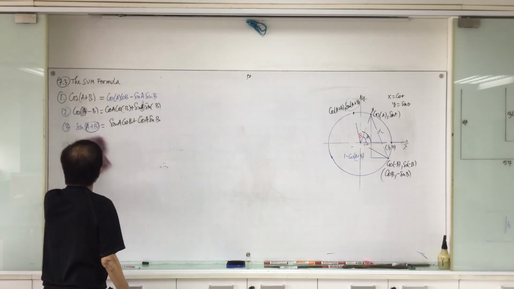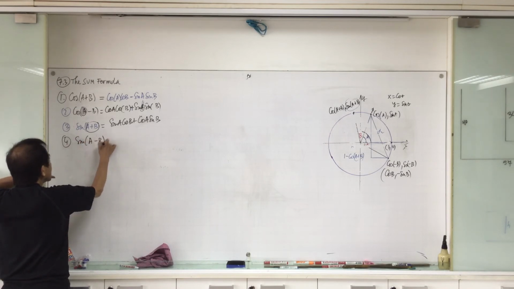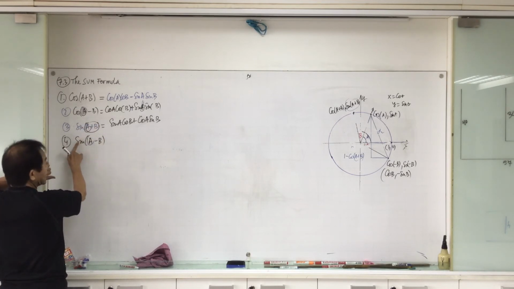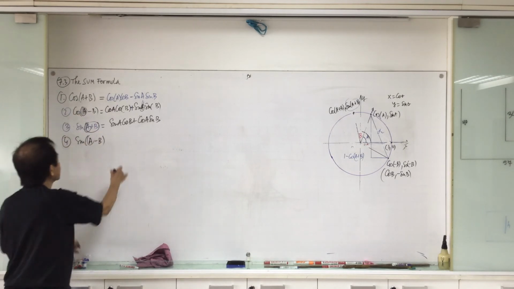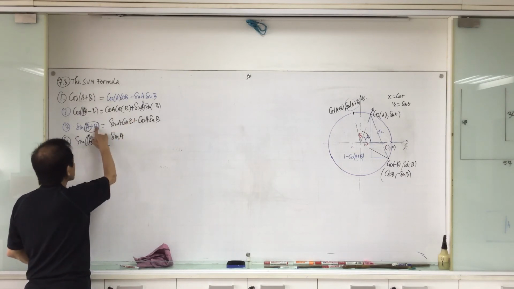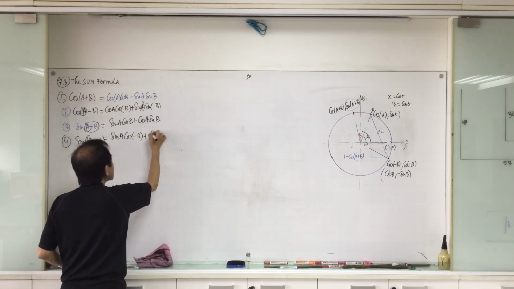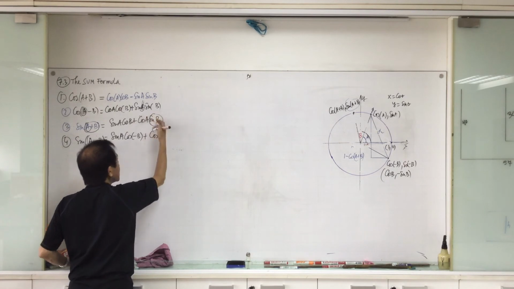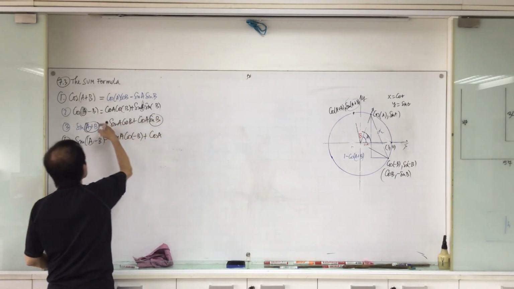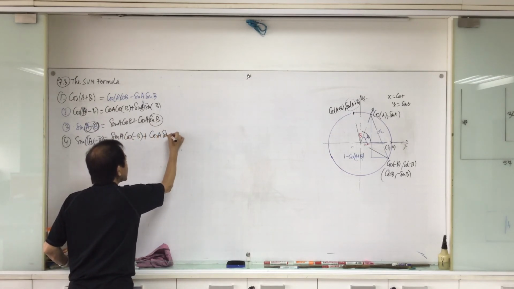Now the fourth one, we want to find sine of A minus B. Again, A is the same because now we have sine, right? We don't need cosine anymore. So A is the same, B changes from positive to negative. So sine A the same, but B changes from positive to negative, so you have cosine of minus B. Plus, A stays the same, but this one changes from positive to negative, so substitute negative in there.